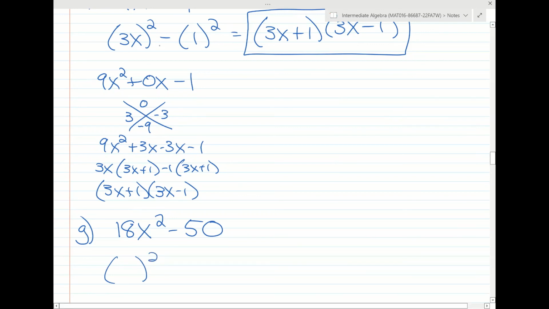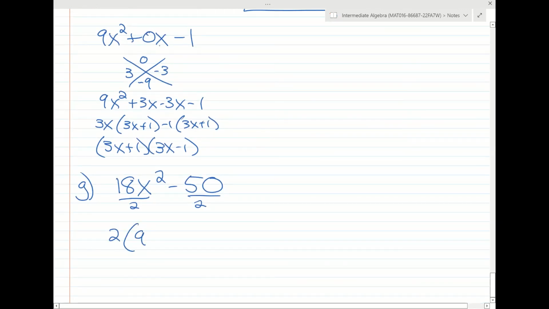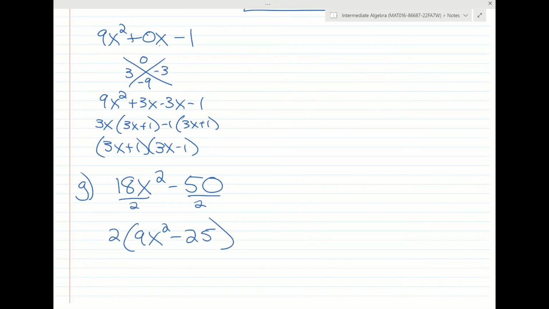Other than the square root of 18. Problem is, you can't just go straight to special cases. Can we take something out of this first? 2, right? We can take out a 2 and a 2. And we get 9x squared minus 25. That looks like a special case. We just had to take the GCF out first.